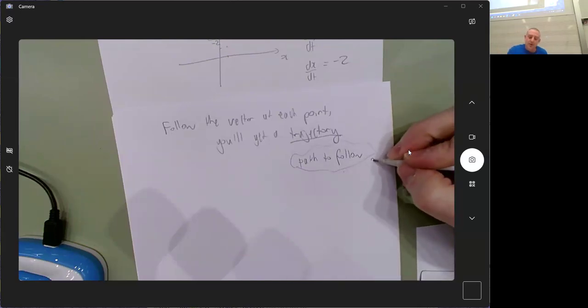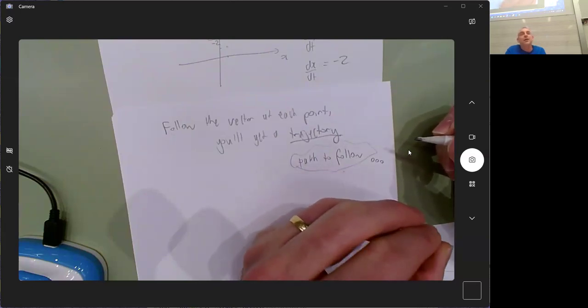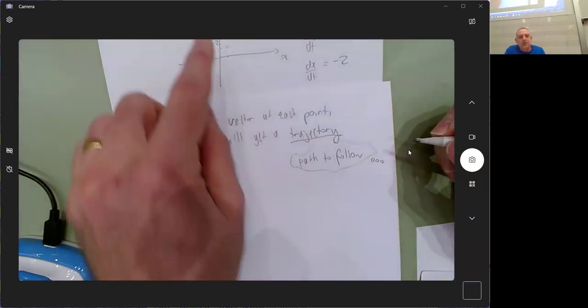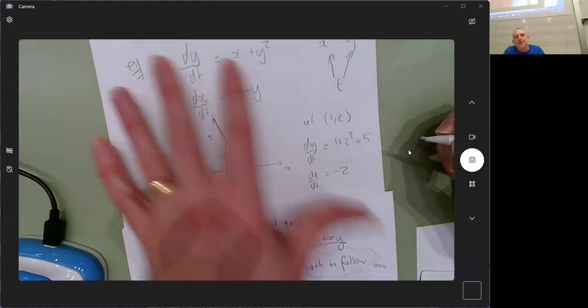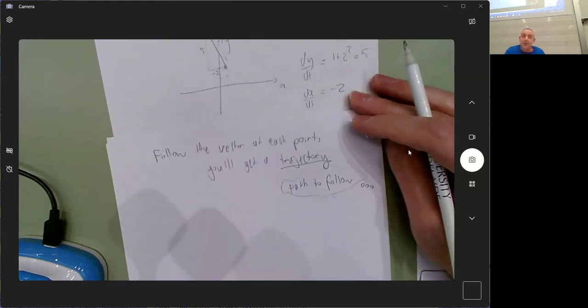The path to follow is just saying what the x and the y are doing. We don't have any information about time here, so we don't know how quickly it follows that path, but we do know that it does follow that path.